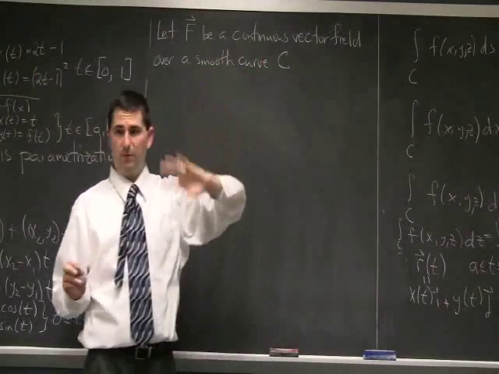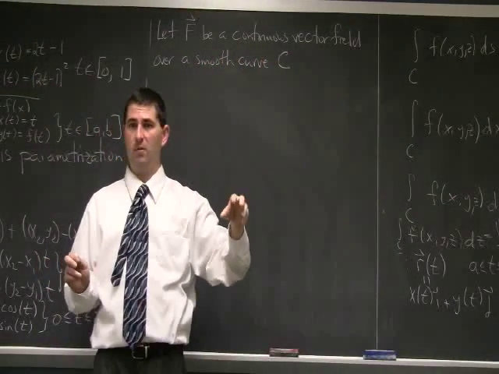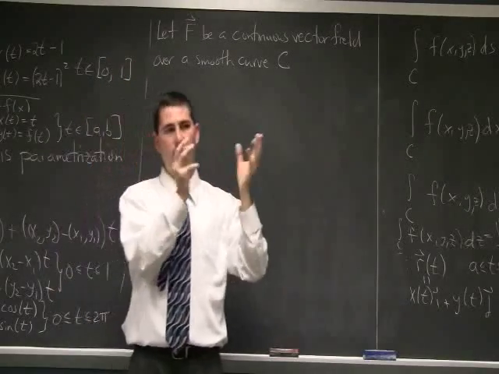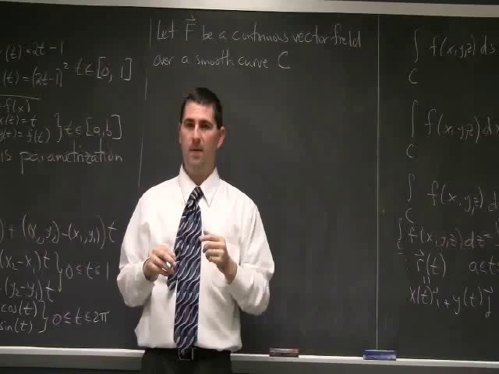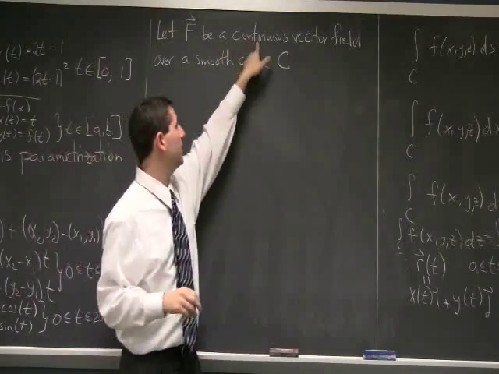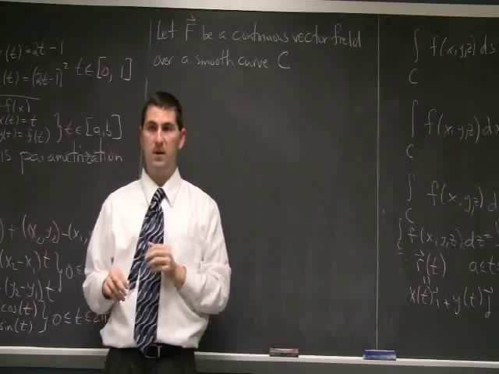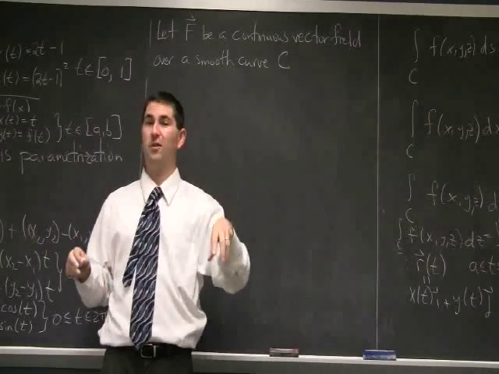Continuous, remember every vector field has component functions. You can write it as P of x comma y i plus Q of x comma y j. And for a vector field to be continuous, that means that those component functions are continuous. Differentiable means that those component functions are differentiable.